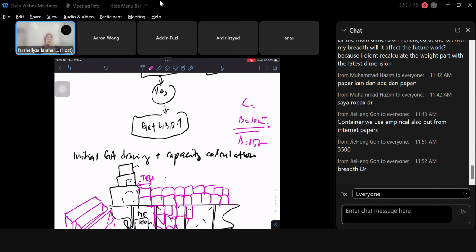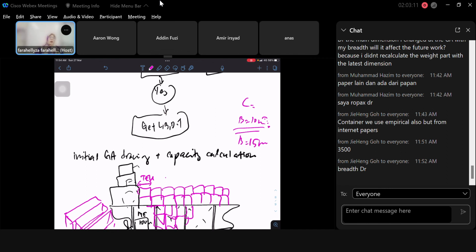So now with your hull form, with your hull lines plan, you come out with the GA, and with that GA, you recalculate the capacity calculations. Because last time you were just based on the main dimensions and then drew the initial GA. But now you have developed the hull form. Maybe the shape is a little bit different, the size may be a little bit different, and so on.